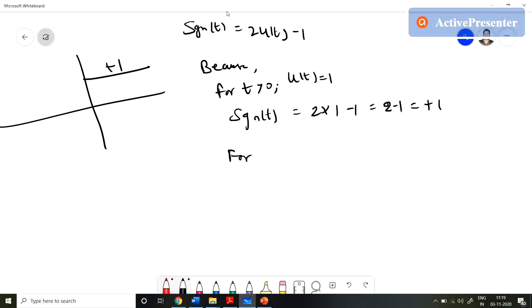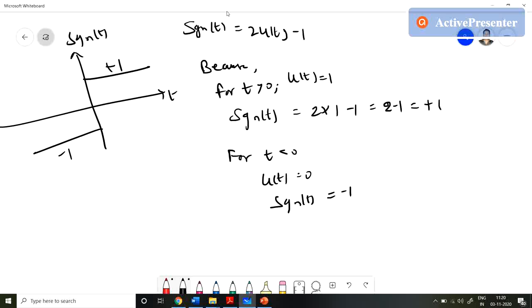For t less than 0, u(t) is equal to 0, so signum t is equal to -1. So this is signum t, and we have proved that signum t is equal to 2u(t) minus 1.